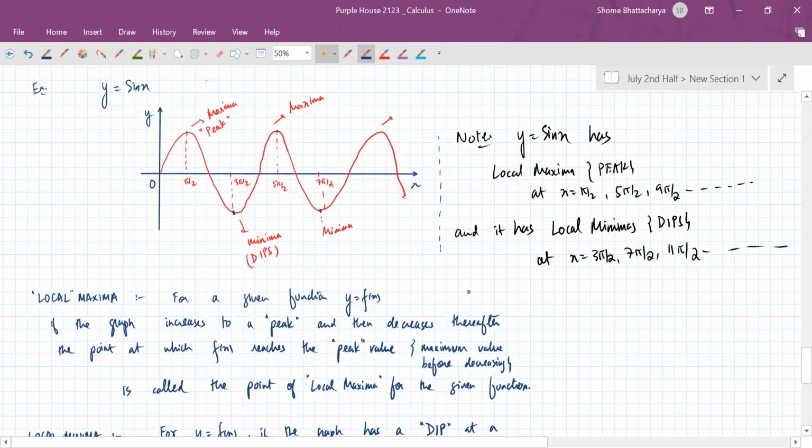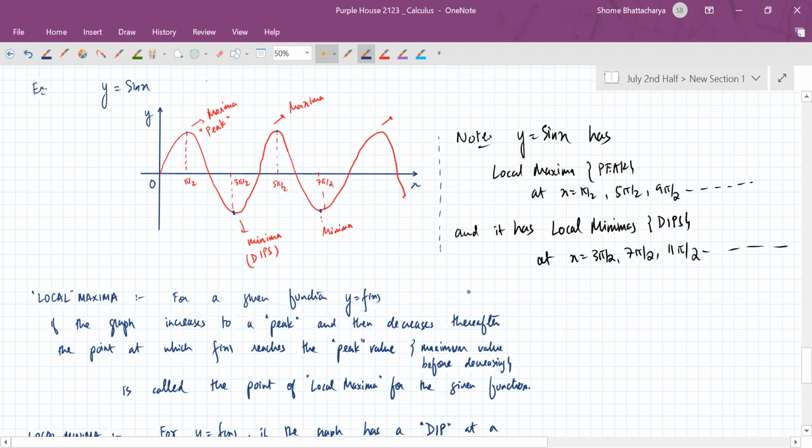So sir, local maxima will be like a temporary maximum point which we find out? You can say it's like a temporary maximum point also. Hence the term local. It might not be the maximum overall. It may be or may not be. It depends on the particular function that we're talking about.